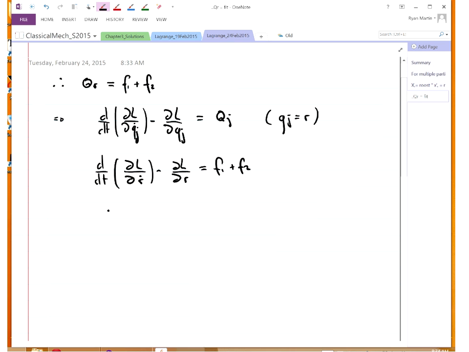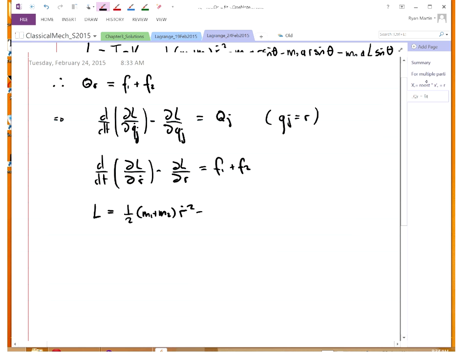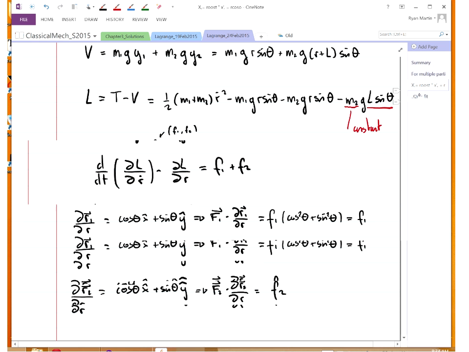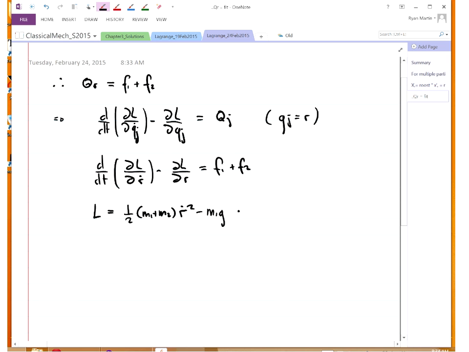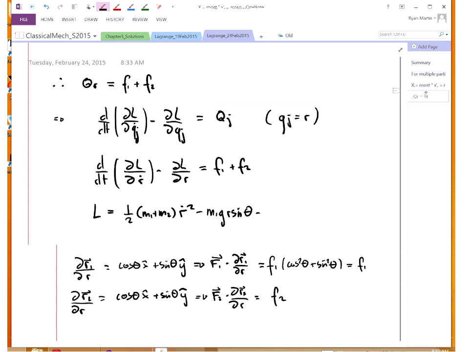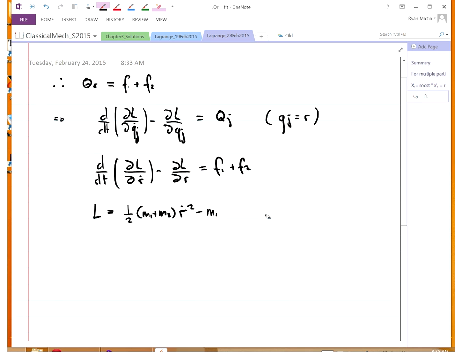So just because I don't want to go back and forth too much, let me rewrite the Lagrangian, which we'd already found. That was a half (m1 plus m2) r dot squared. Both the m1 g r sine theta and m2 g r sine theta are the same, so that's minus (m1 plus m2) g r sine theta.